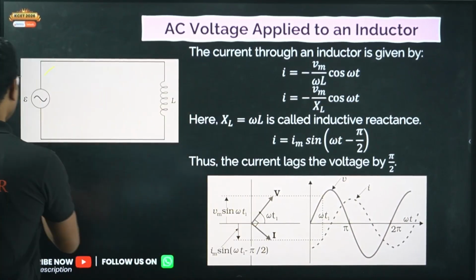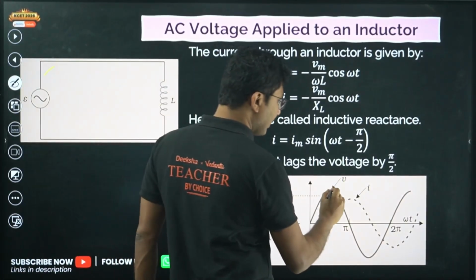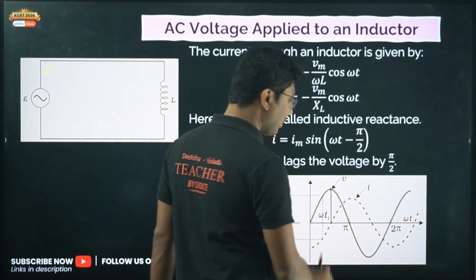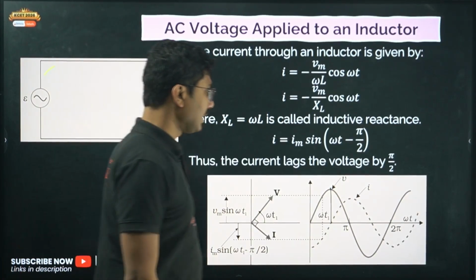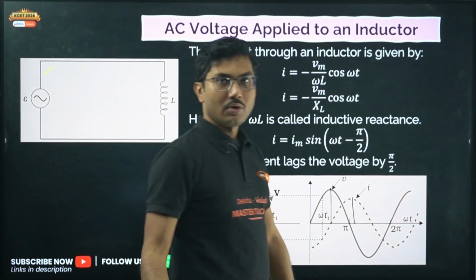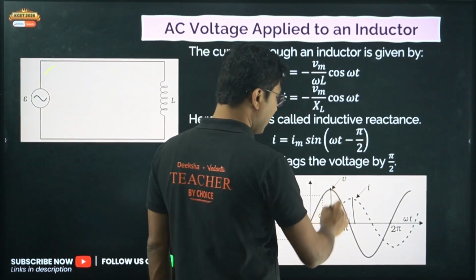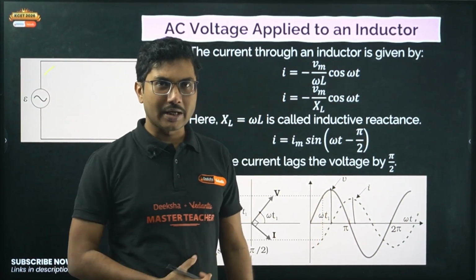This is the graph that you have to study a little bit carefully. You see that voltage reaches its maximum first, and current reaches its maximum after some time. So when voltage is at maximum, current is at a different value; here it is 0 because the phase difference is pi by 2.